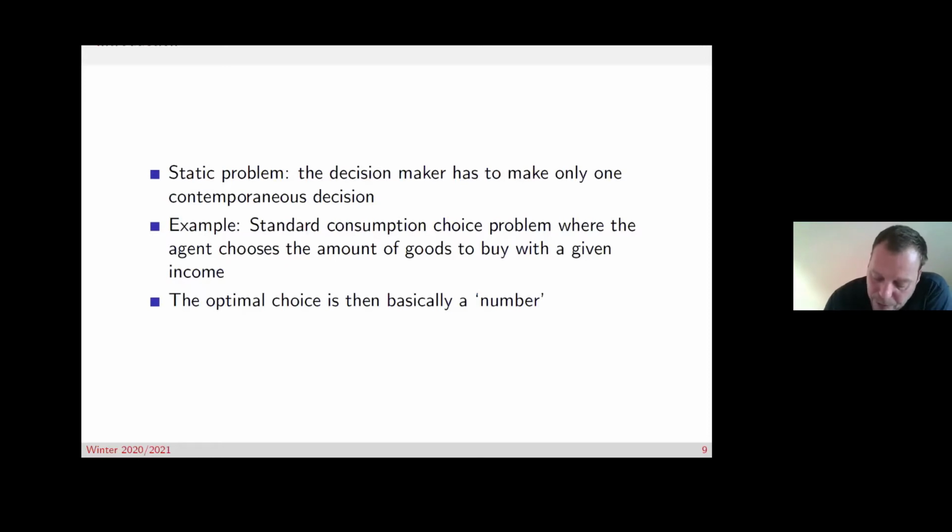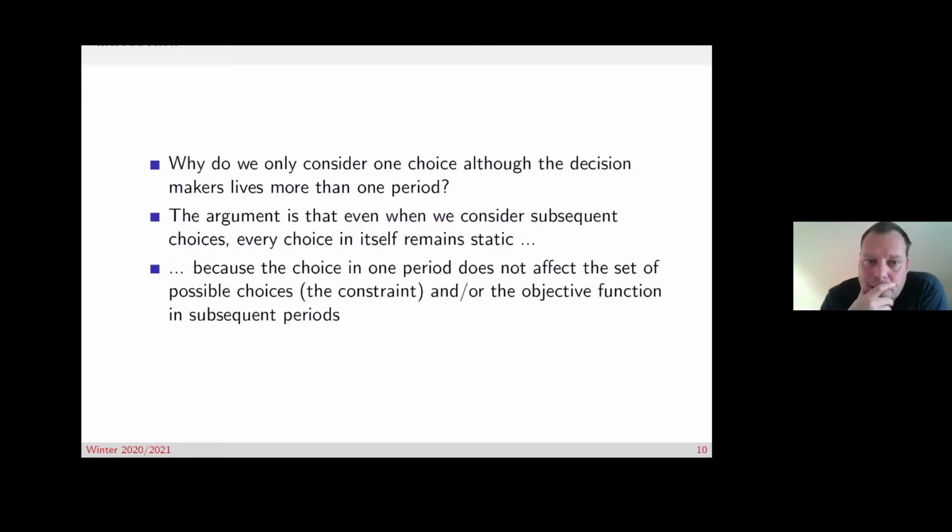And maybe some of you felt a little dissatisfied and said, okay, but in reality, we do not only live in one period, right? But we live for hopefully many periods, and maybe the lecturer or the professor told you, yeah, that's true, but you could just consider one contemporaneous choice after another contemporaneous choice, and so on.